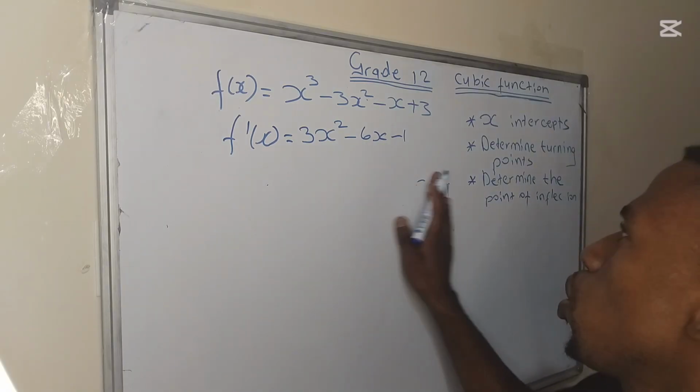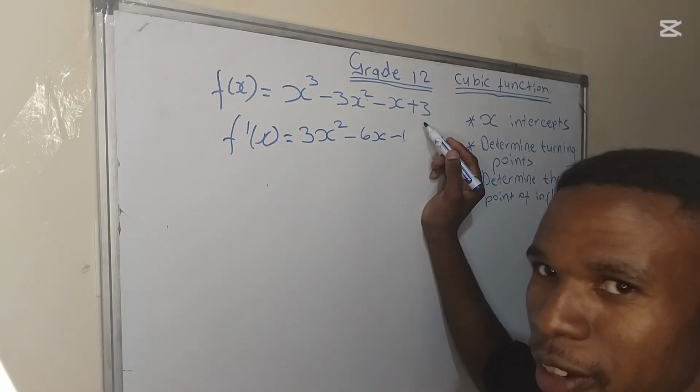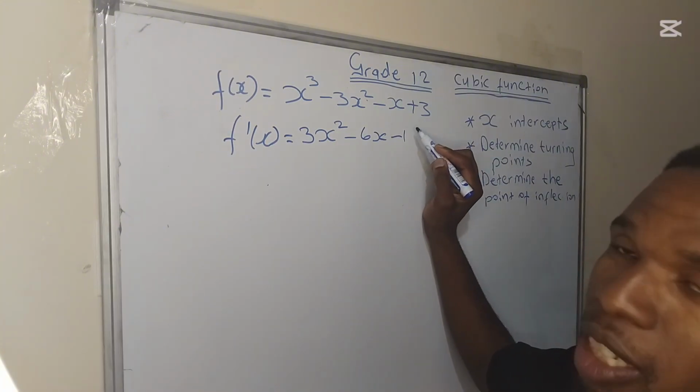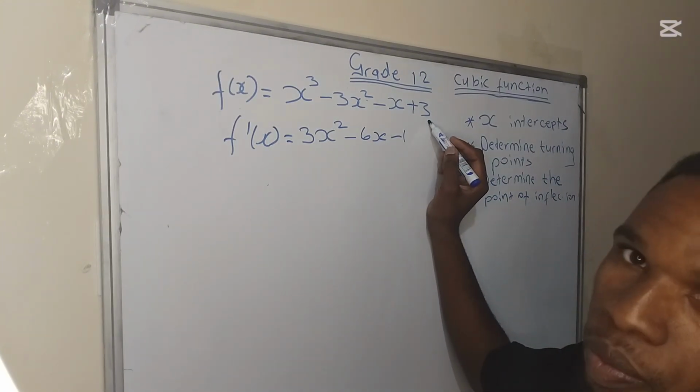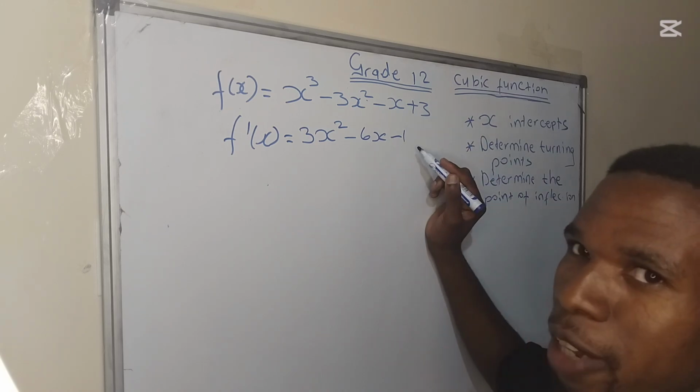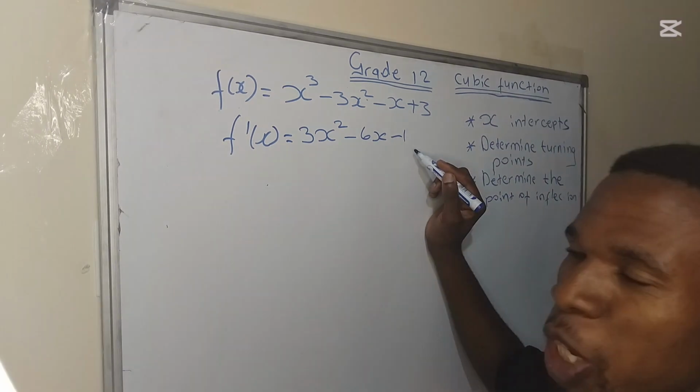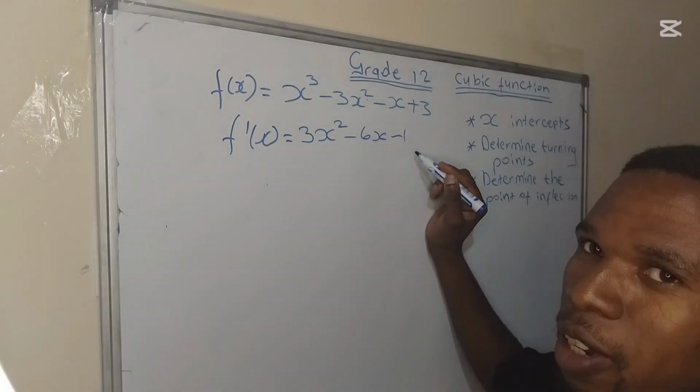Right? So this is just a constant. So whenever you derive, you just need to know that your constant is going to become a 0. Automatically it becomes 0 whenever you derive. Each and every constant on your equation becomes 0 whenever you derive.